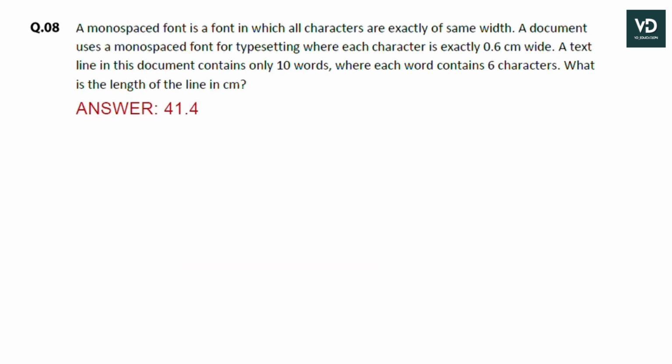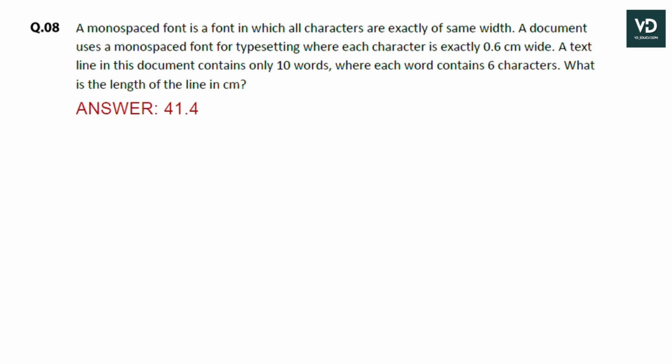So the next, 8th question is: a mono-spaced font is a font in which all characters are exactly of the same width. Okay. A document uses a mono-spaced font for typesetting where each character is exactly 0.6 cm wide.